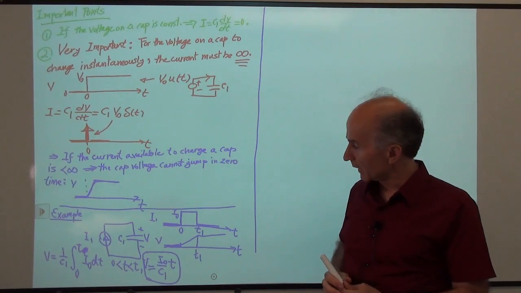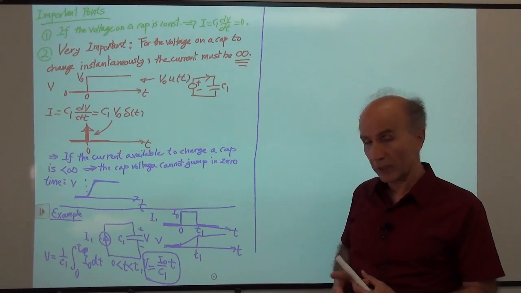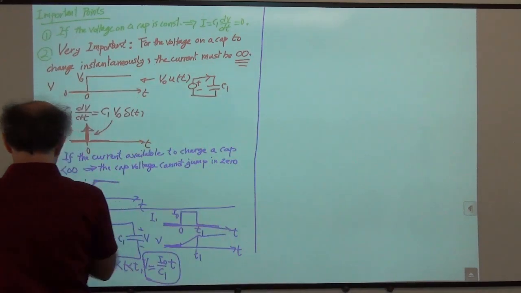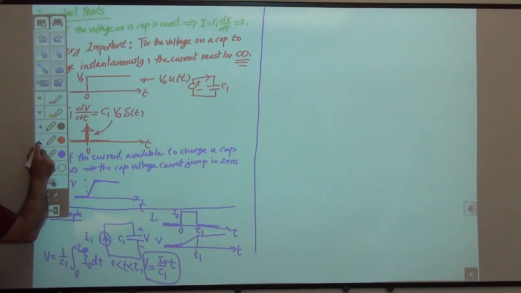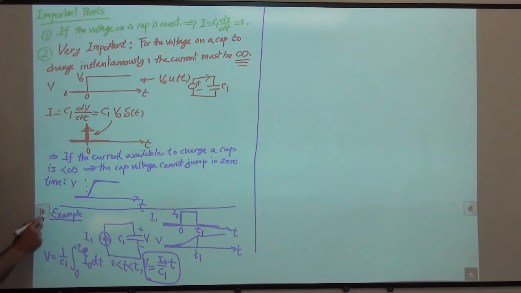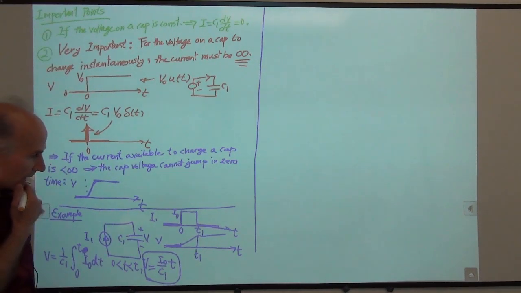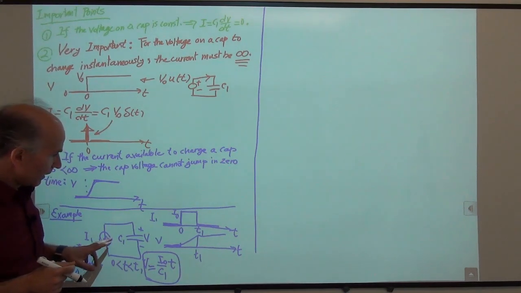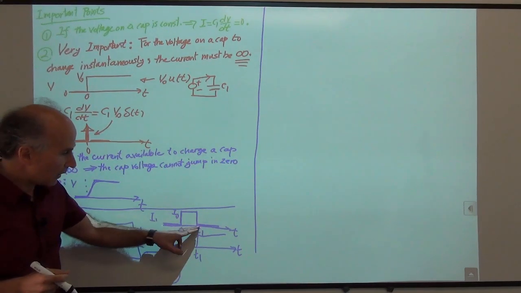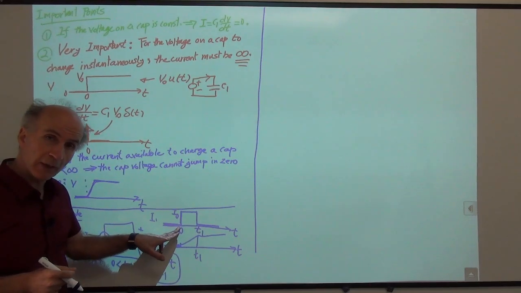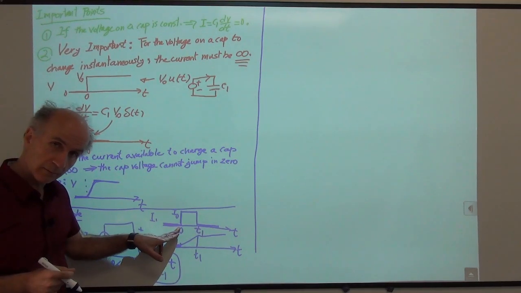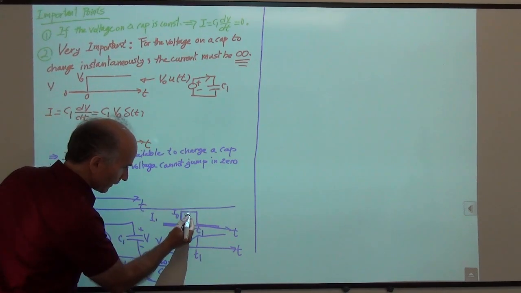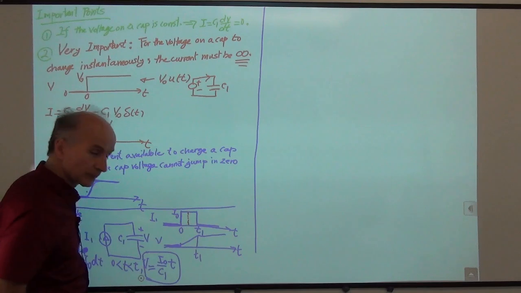All right, now let's make the situation a little more interesting. So let me change the color of my pen here. What happens if this time is reduced by a factor of 2? So for example, the current only lasts up to here.